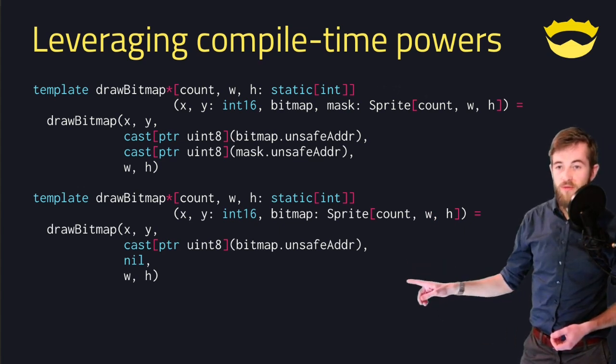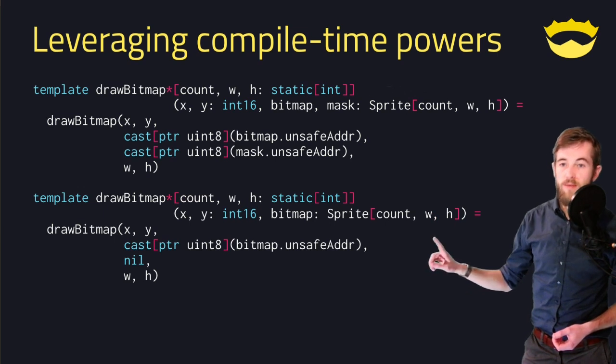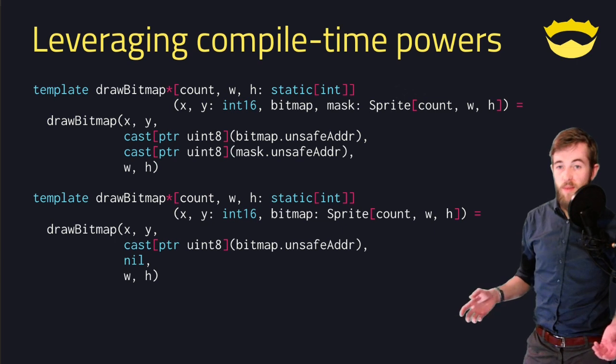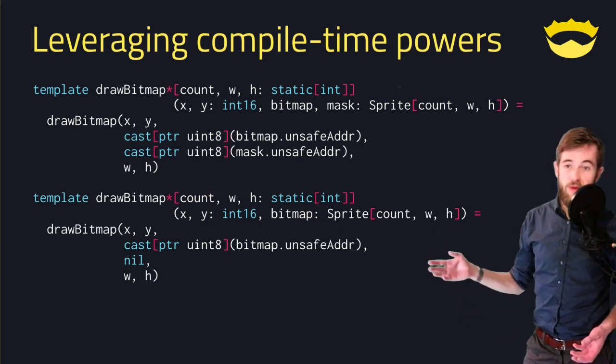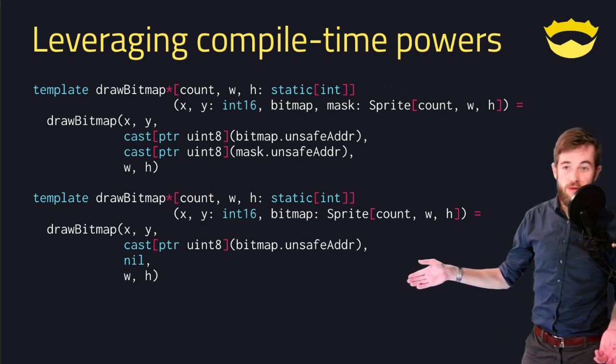I also don't have to keep track of my width and height anymore, because that's stored in my type. So if I change the dimensions of my sprite, I don't have to update anything in my code.